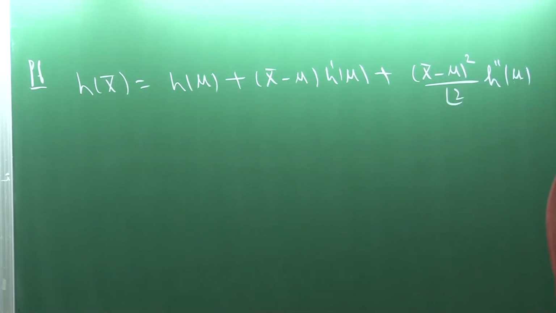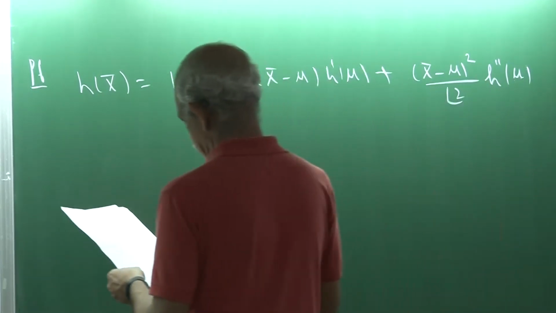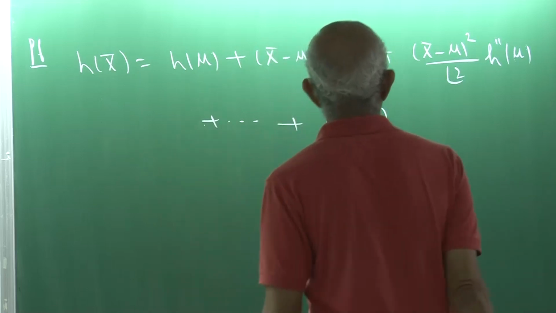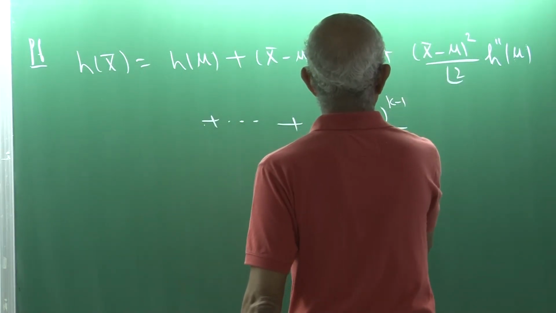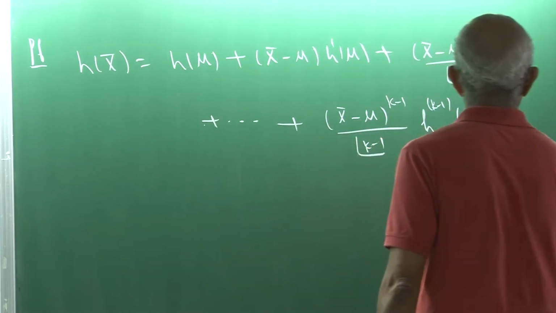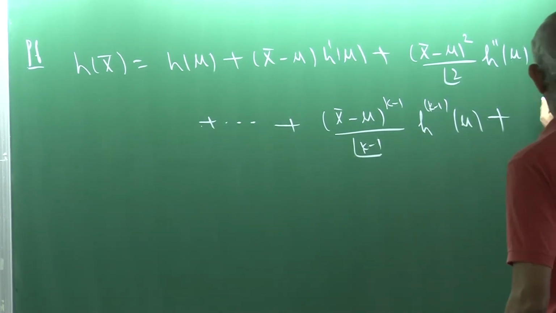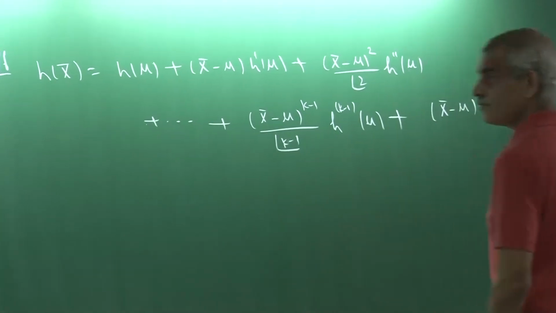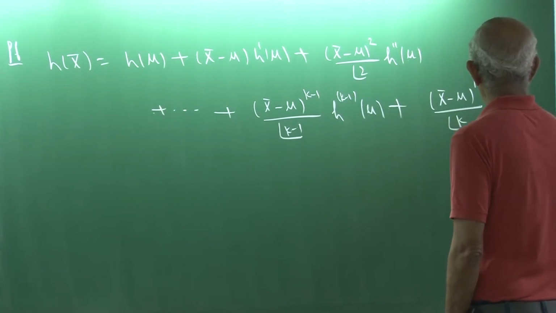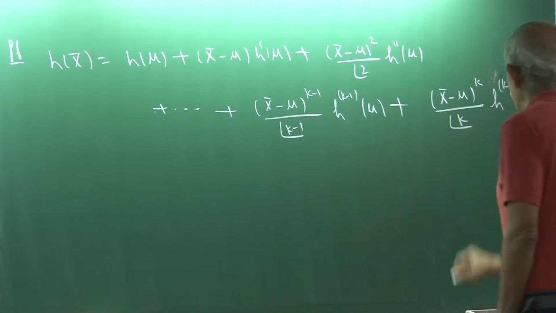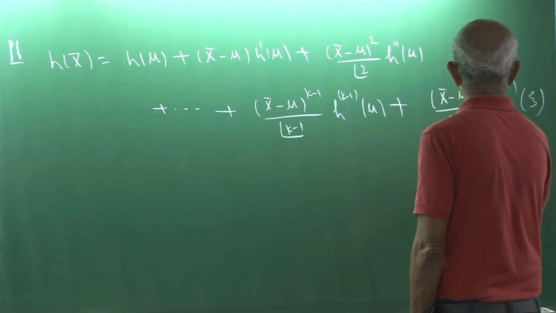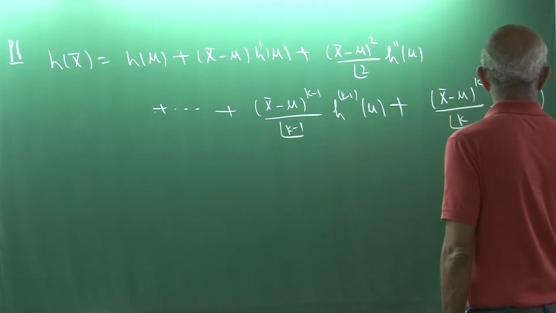I can keep on going, plus x bar minus mu to power k minus 1 by factorial k minus 1, the k minus 1th derivative of h at point mu, plus x bar minus mu to power k by factorial k, the kth derivative of h at xi, and xi is between x bar and mu. That is what the Taylor series expansion says.